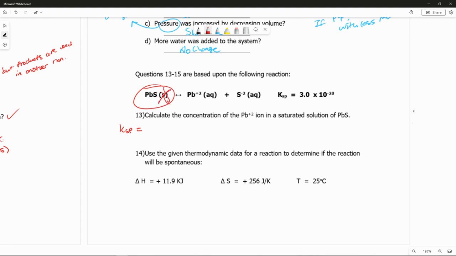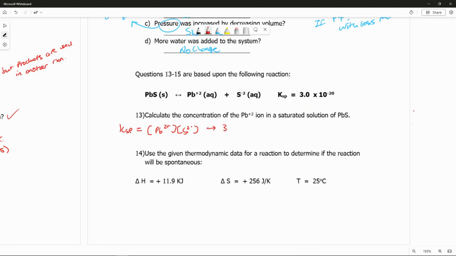Solids are not included in our solubility product constant. Therefore, we only have to write the products for our KSP: the concentration of Pb2+ times the concentration of S2-. That is our KSP.